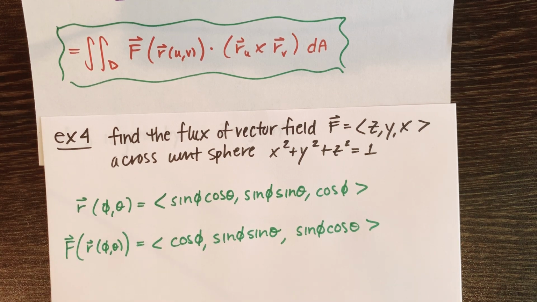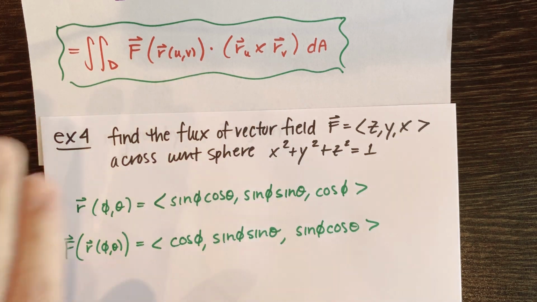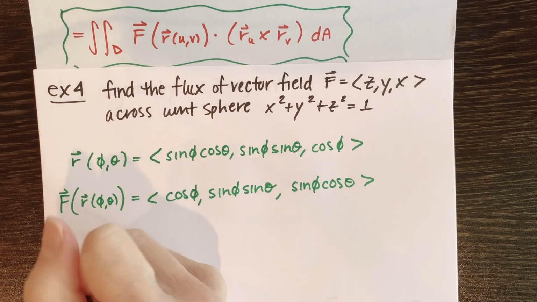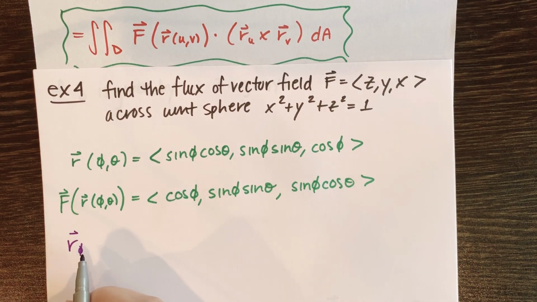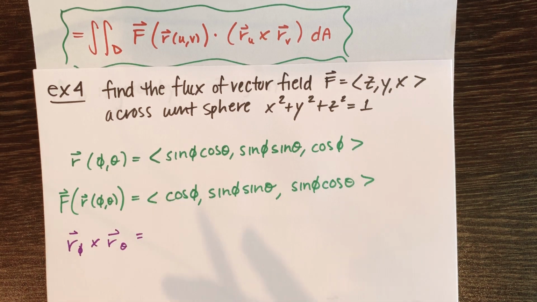The other thing that I'm going to need is my cross product. Again, this is something that we did in previous work. If I wanted to sit there and find my partials and complete the cross product, this would be a time for you to pause the video and try those again.